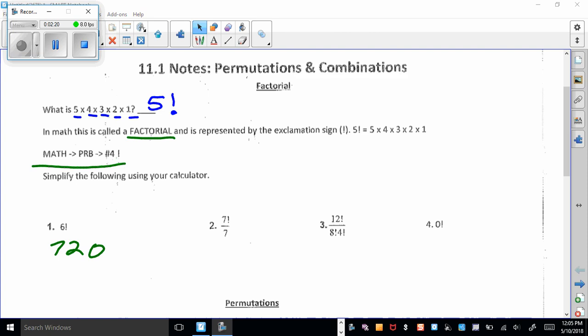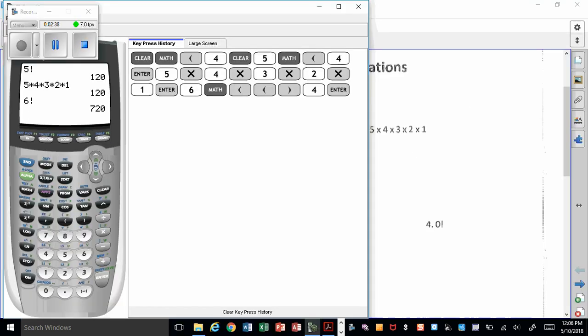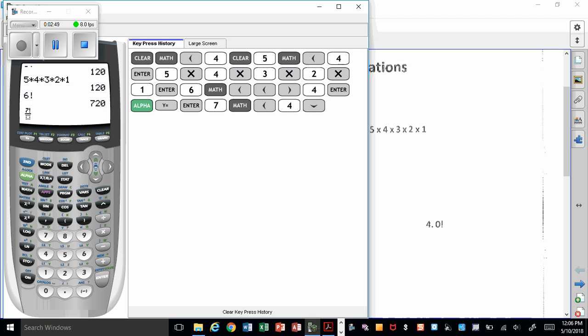So when you've got 6 factorial, you would get 720 on your calculator. Now factorial is just like any other thing. It can be part of a fraction. So you would do alpha y equals to get a fraction first. And there's my fraction. And I've got 7 factorial, so let's go 7, math, to the left, number 4. And then I'm going to go to my denominator, and I'm going to divide by 7.